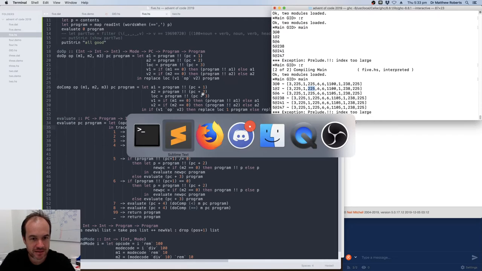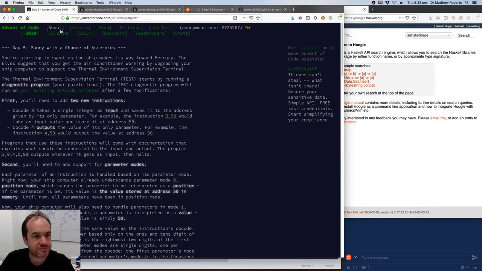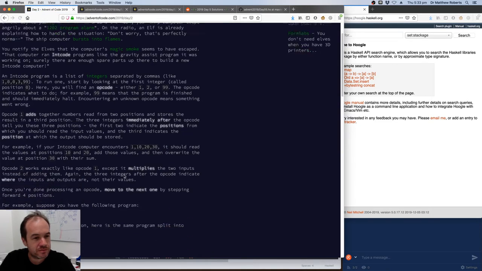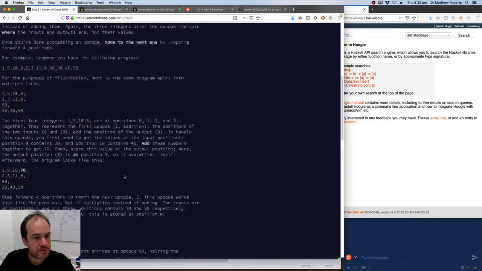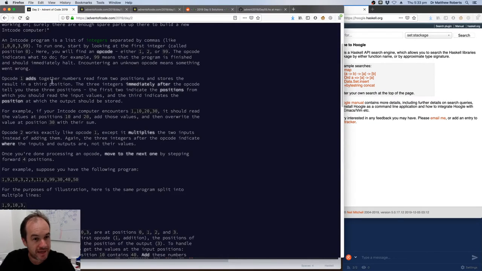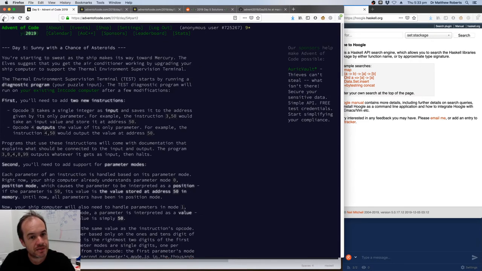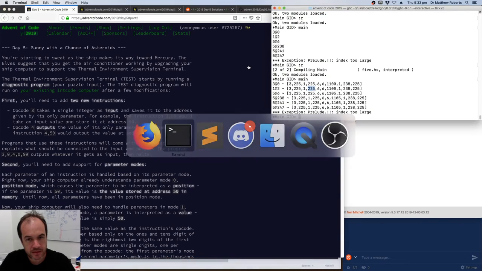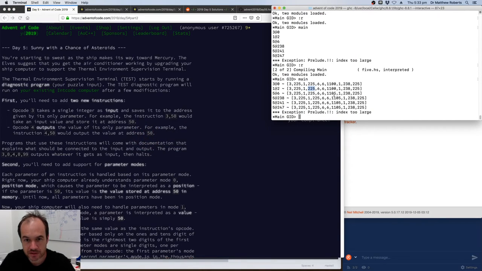I'm just going to check that it's supposed to add. Opcode 1 adds together numbers. Opcode 2 works exactly like opcode 1. It multiplies. Yes. Okay. So now we're okay with that being turned into 1105.